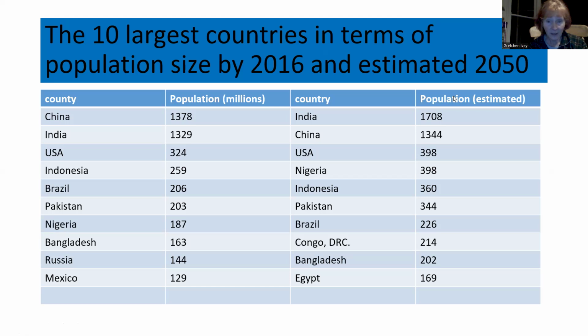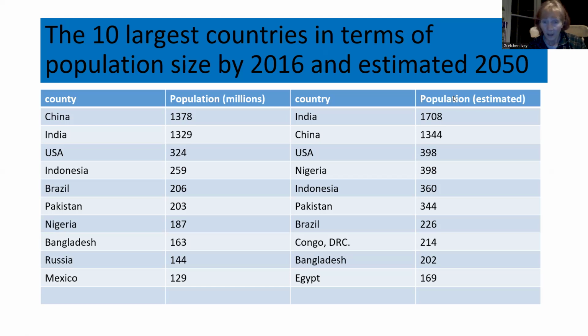If we look at India, 1.329 billion in 2016. They hadn't overtaken China yet, but by 2050, it's looking like 1.7 billion. So you can see China's population is estimated to start going down, whereas India's is going to shoot up quite high. The USA, that's an interesting one. That looks like it's going to grow quite a bit.